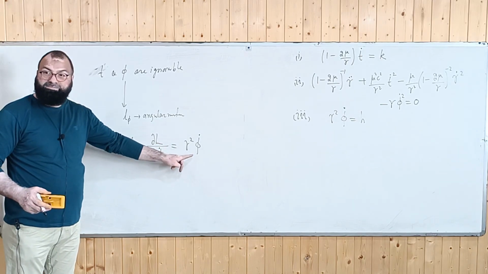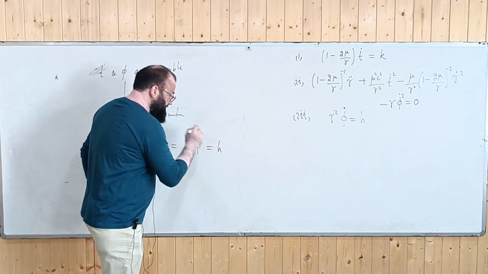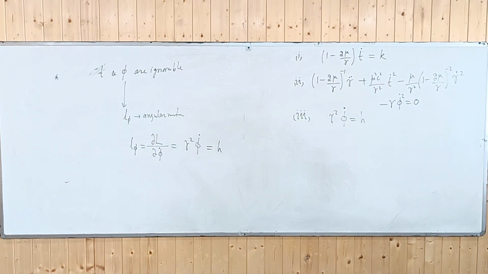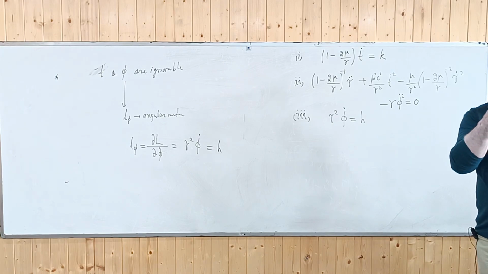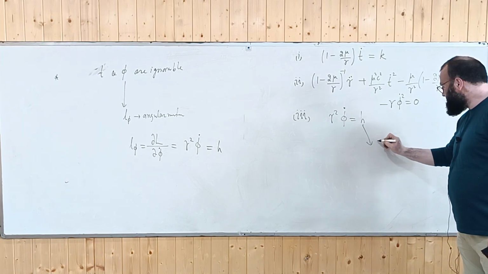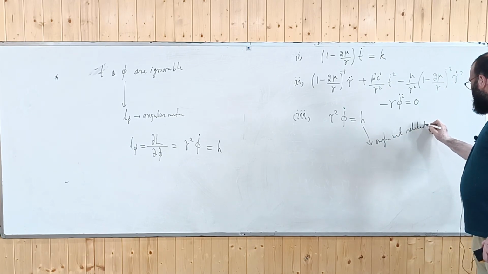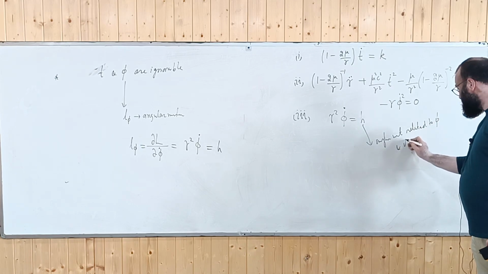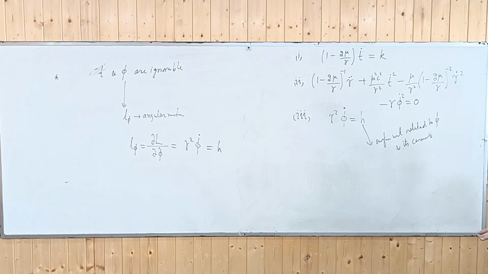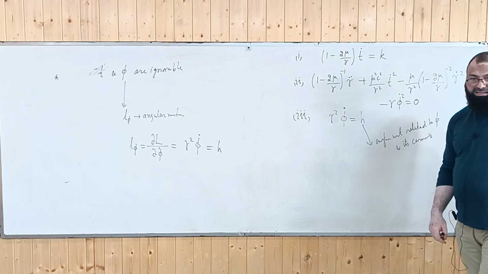So what is the angular momentum L? r square phi dot, which is equal to h. What is the interpretation of this h? This is the z component of the angular momentum in the usual sense, but it is the phi component of the angular momentum. So it has the interpretation of angular momentum related to phi, and it is conserved. You can put this h as L, whatever the angular momentum is.